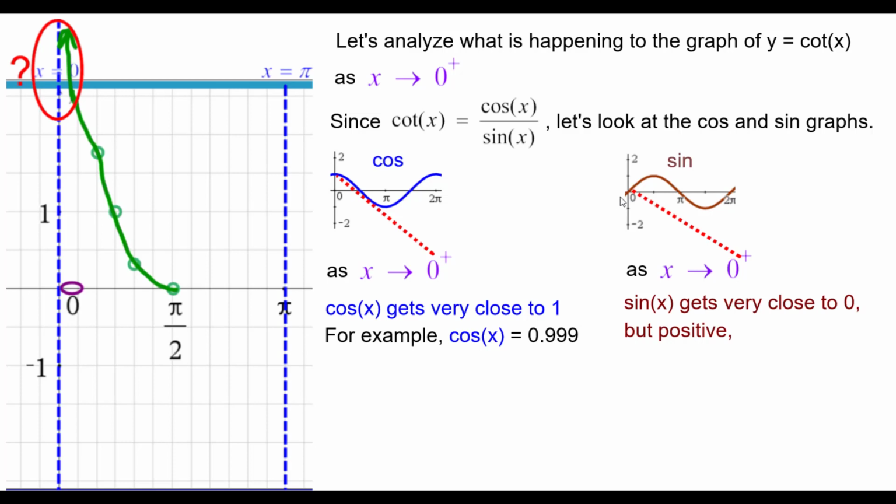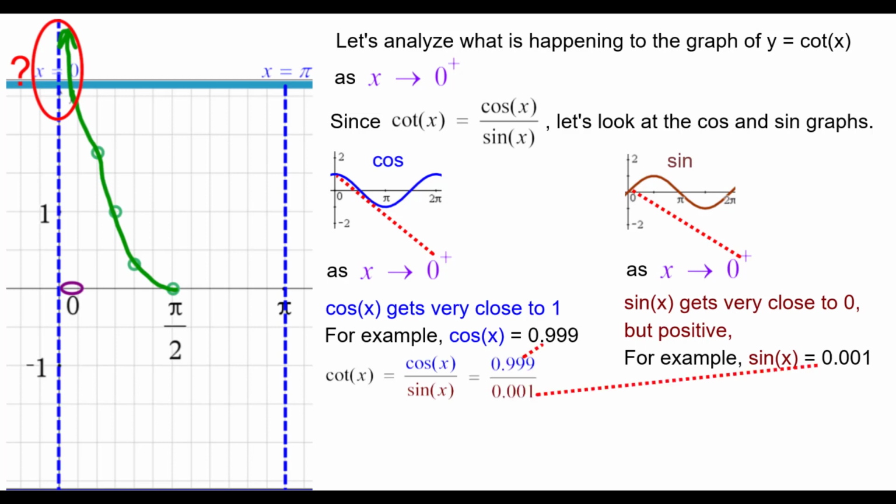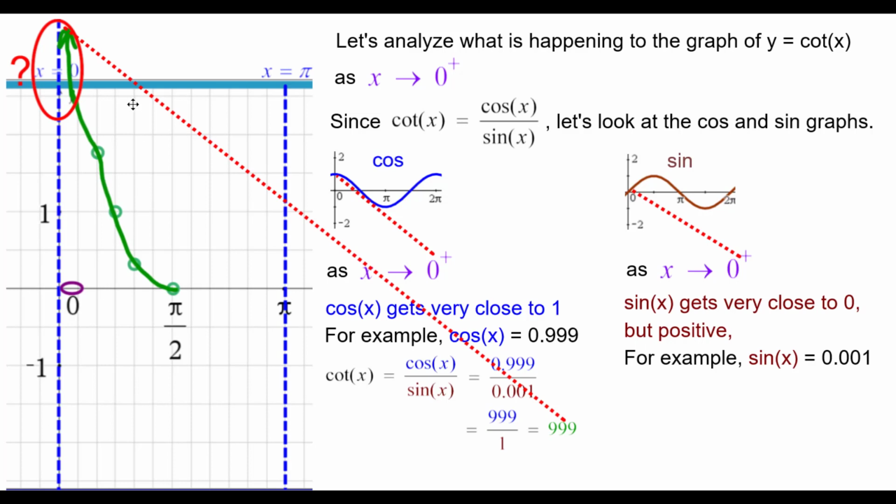On the other side it would be negative, but this side it's positive. So let's go with maybe 1,000th, 0.001. So when we go to divide those two numbers, that's like dividing 999 by 1, which is 999. So when x gets closer and closer to 0, this number is really, really large.